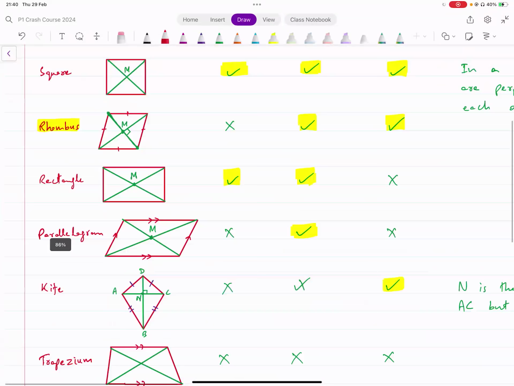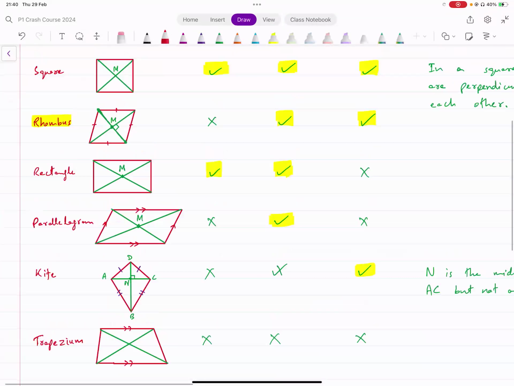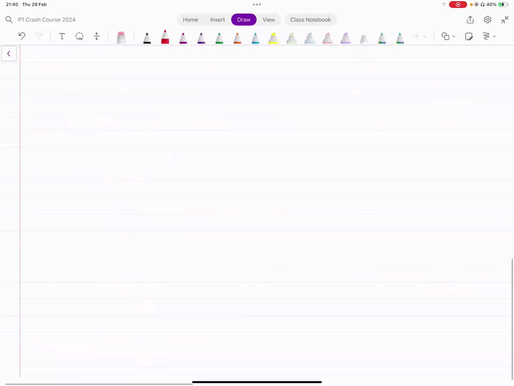So we talked about the diagonals meeting at midpoints and the diagonals being perpendicular sometimes. So there's this vector method that you will often use in some questions. So let me tell you about that as well.